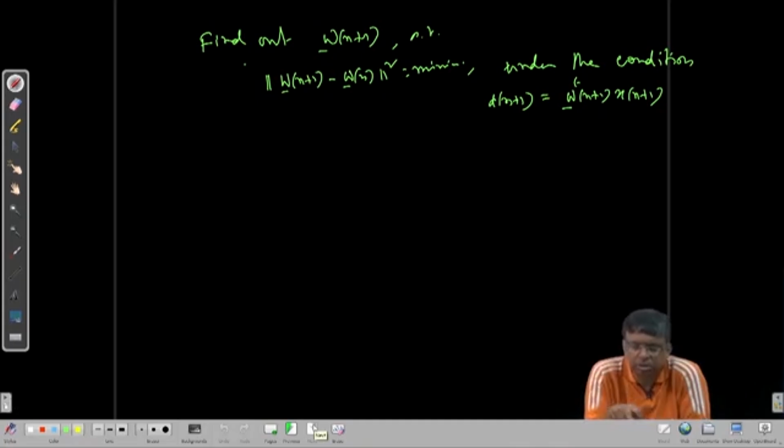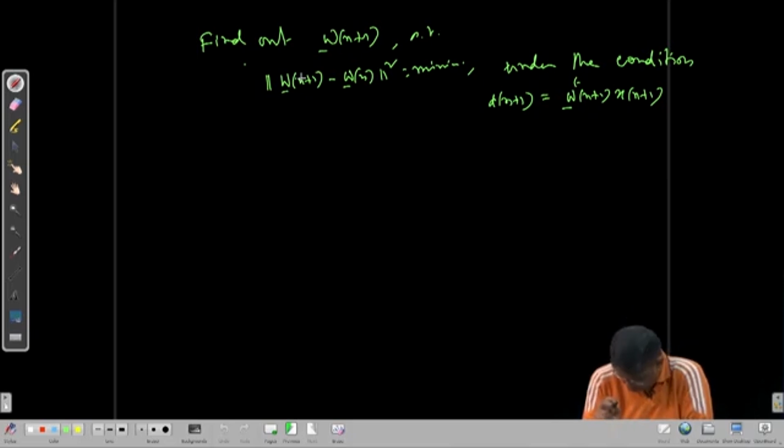So, it is not just minimization. If I just have this much, obviously the answer is Wn plus 1 should be equal to Wn, so this is 0. But that is not the thing. I must have Wn plus 1 on this straight line. Then which point is closest to Wn, so that the distance, that is the norm square, is minimum? That will give me that Wn plus 1, right. So, this is called constraint minimization.